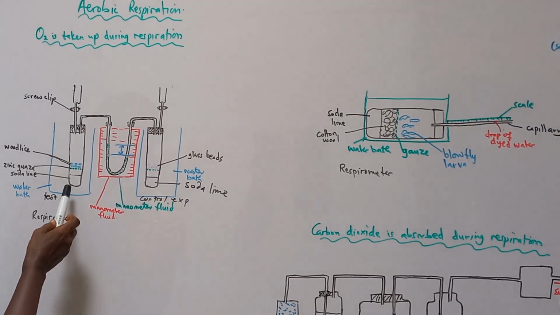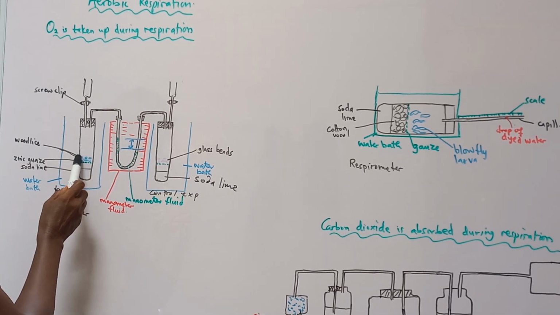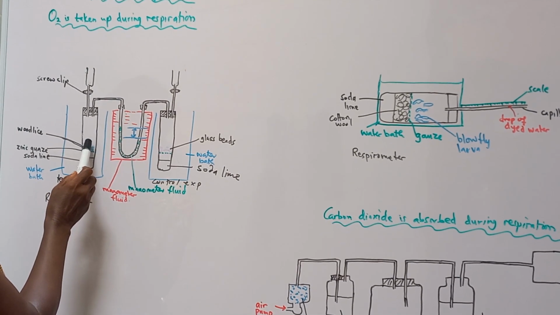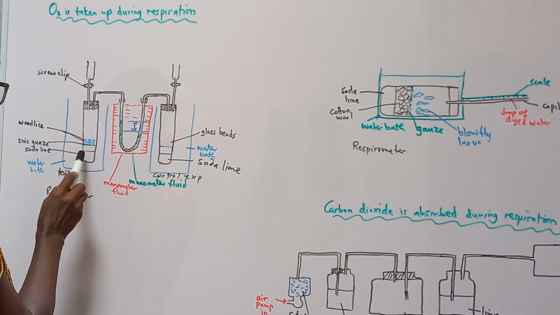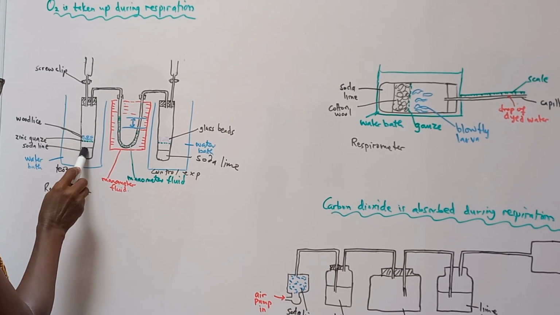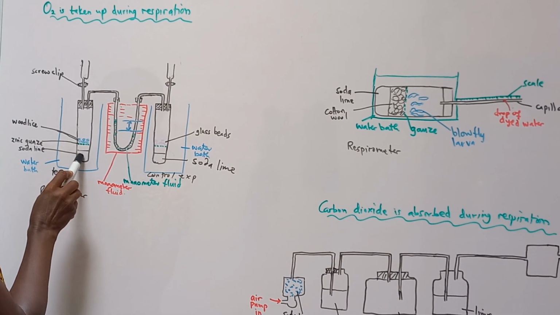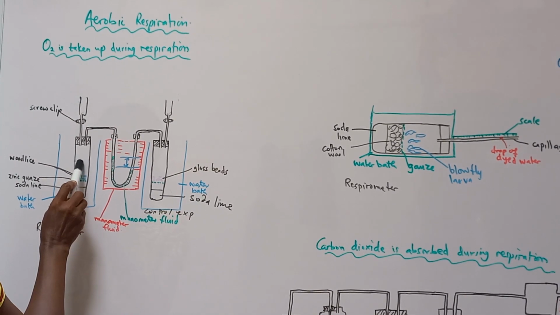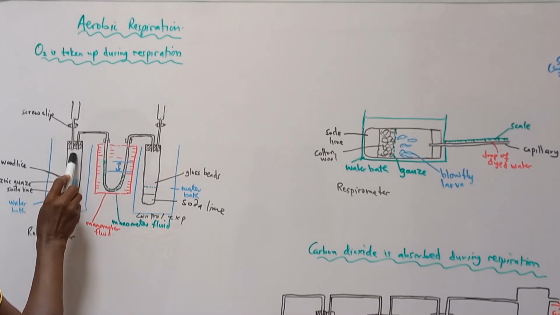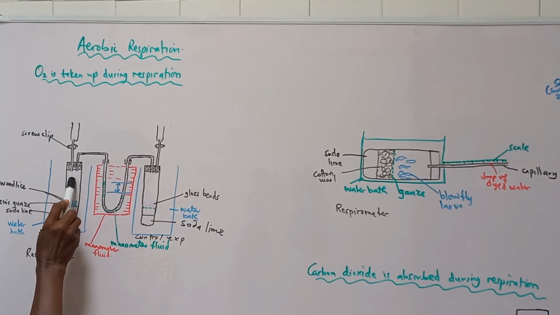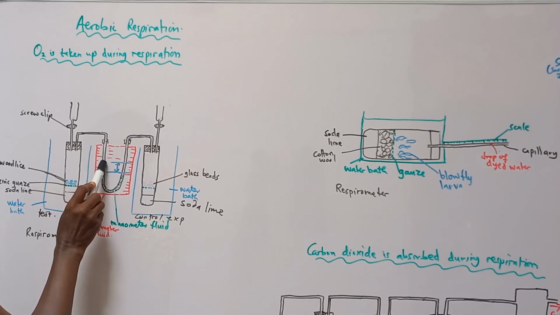Now the experiment works in such a way that when the wood lice absorb oxygen, carbon dioxide is produced, and the carbon dioxide is absorbed by the soda lime. So the oxygen that is absorbed causes a reduction in pressure of this system here, and it shows in the manometer.